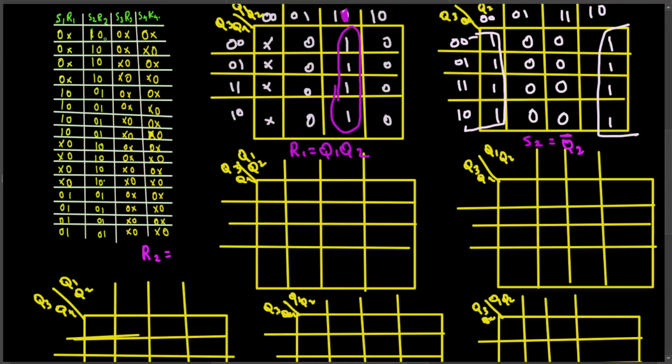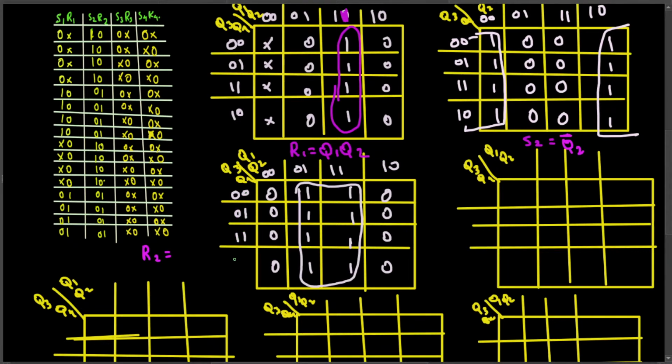Let's look at it: 4 zeros, 4 ones, 4 zeros, 4 ones. Here also I can combine this as 8.